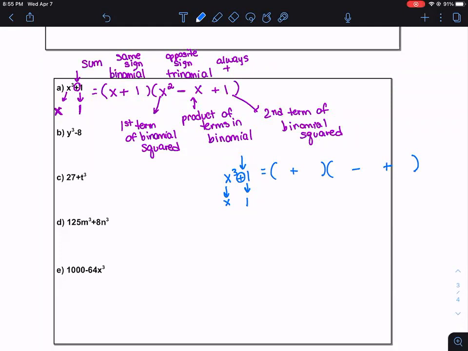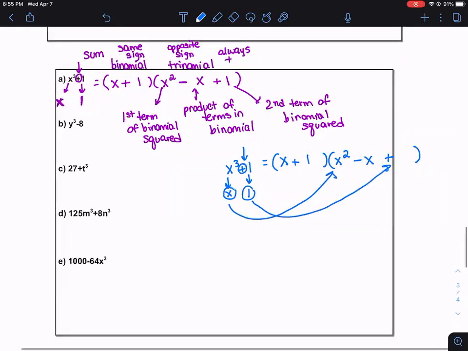The product of these 2 values goes in the middle. Oh, sorry, the terms should have gone in here. So the terms go inside the binomial. This will get squared and go in the first part. This will get squared and go in the second part. Now, the only difference if this was a minus would be that it's a difference of cubes.